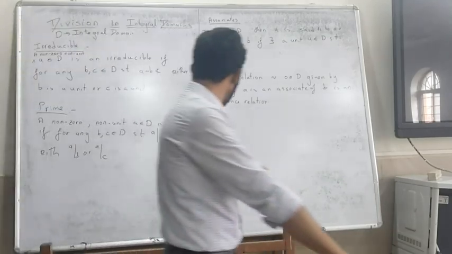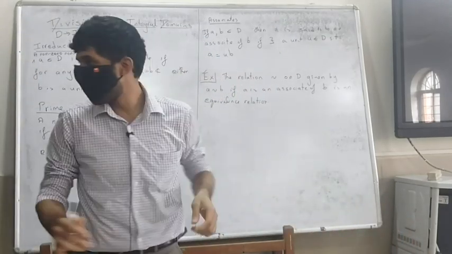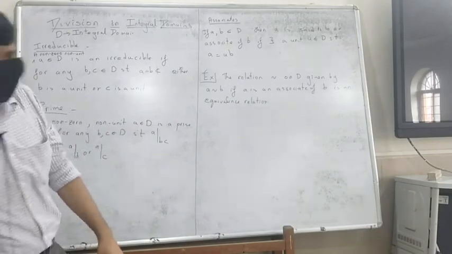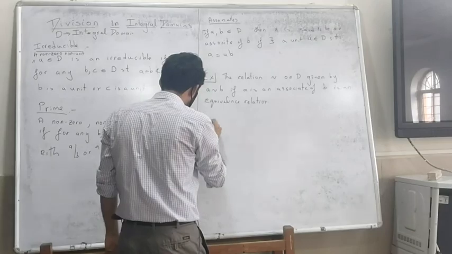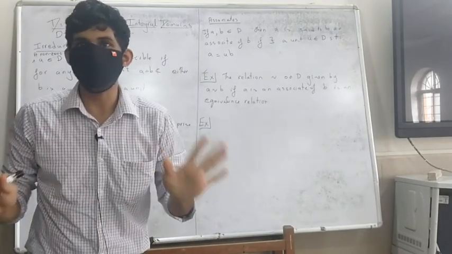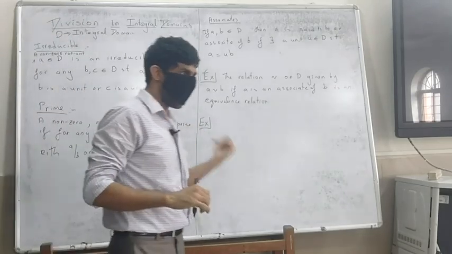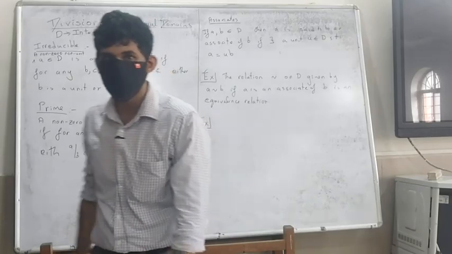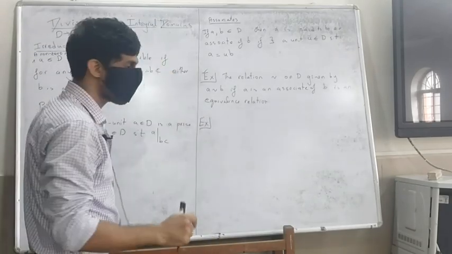Okay, so let's see. I think before that I'll prove one more statement. This is quite easy to see, that an element is a prime if and only if the ideal generated by the element is a prime ideal. That's quite easy to see.